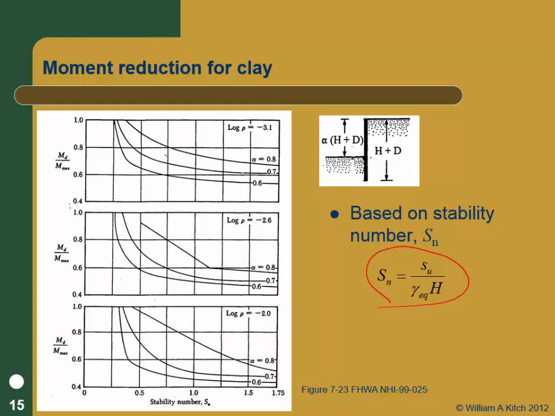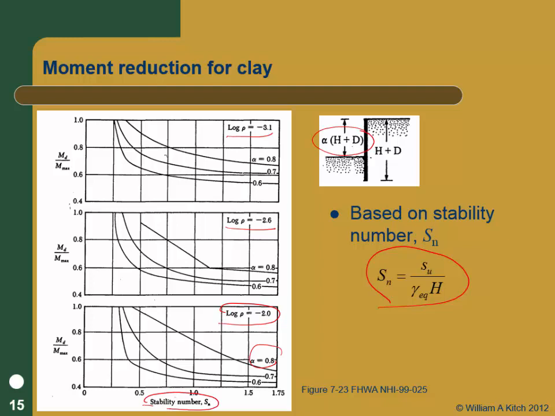So in this case, the moment reductions are for the basal stability number and Rho. You'll notice you have a different plot for different Rho values, as a function of the stability number and alpha, and alpha is the ratio of H over D.